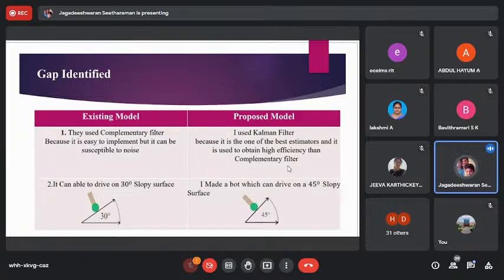Initially we went with the complementary filter, but we attained the maximum level of response from the Kalman filter. And the last point: our robot is made to drive on a 45-degree sloped surface, which is higher than the previous 30-degree slope angle.